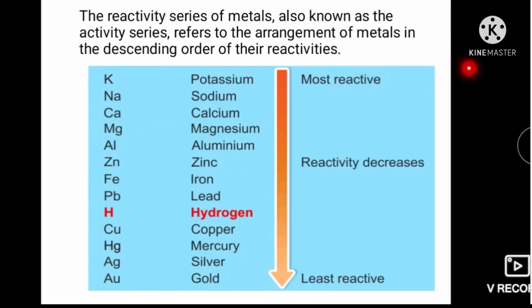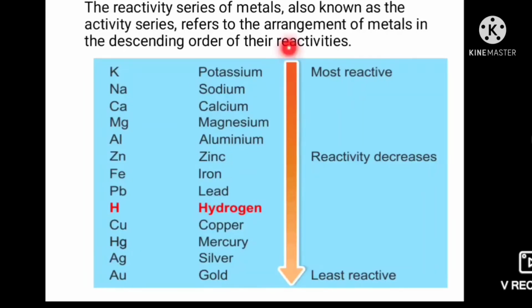The reactivity series of metals, also known as the activity series, is the arrangement of metals in the descending order of their reactivities. The more active element lies above in the reactivity series, whereas the less reactive metal lies below.